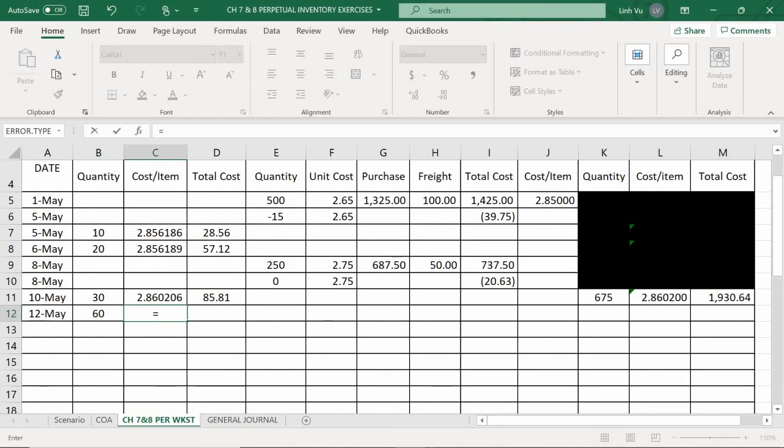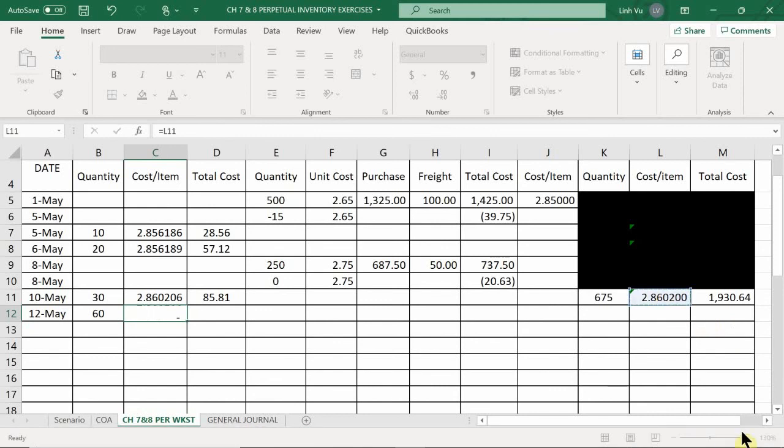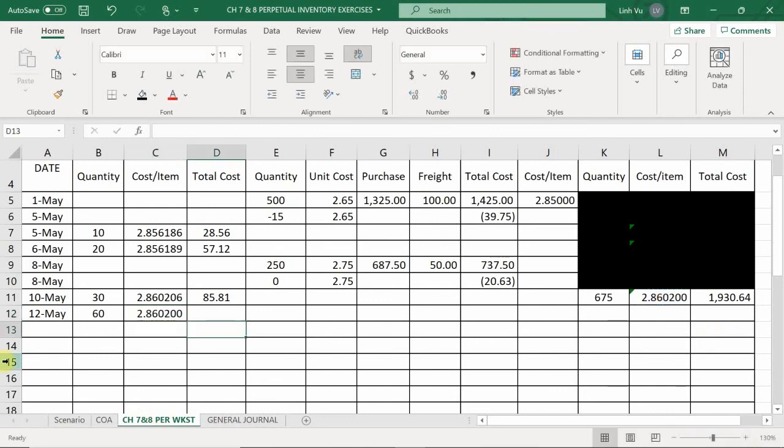The 2.860200. Good. That brings my cost of goods sold to be 171.61.